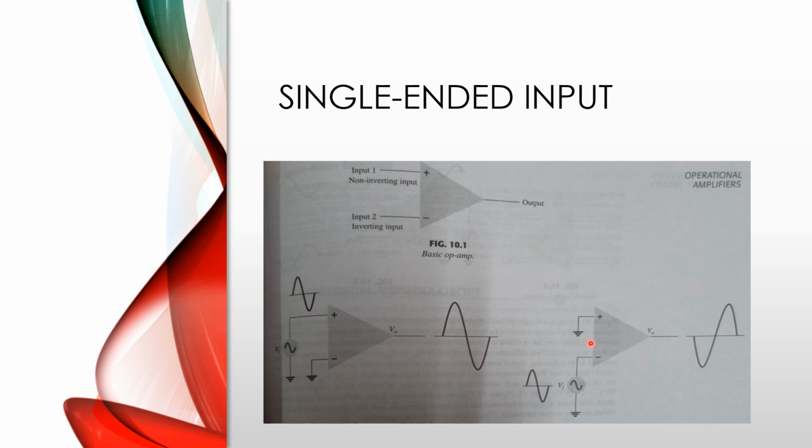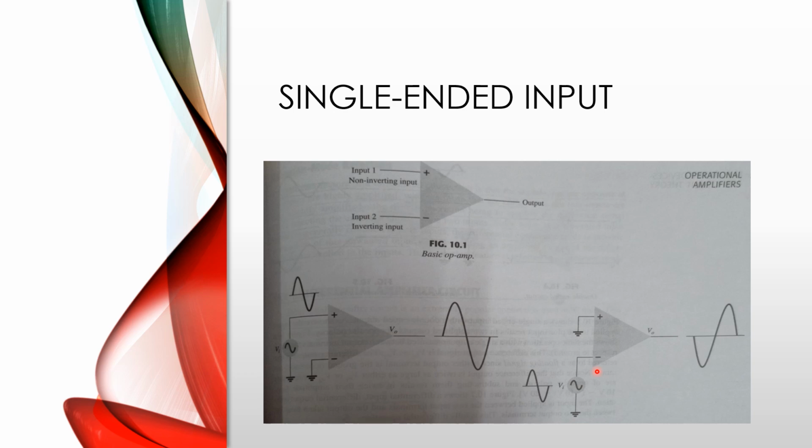Next, in this circuit, the non-inverting input terminal is connected to the ground, and the AC signal is connected to the inverting input terminal. When we connect some voltage to the inverting input terminal, the inverting terminal inverts this voltage.